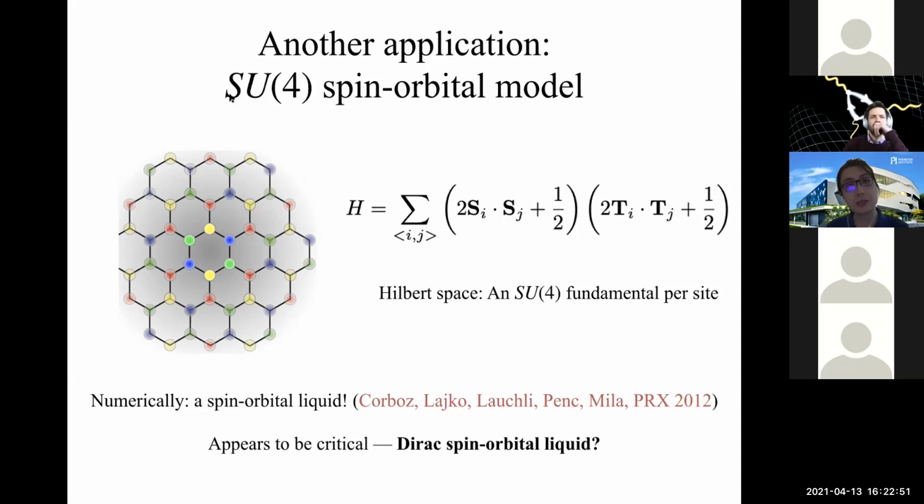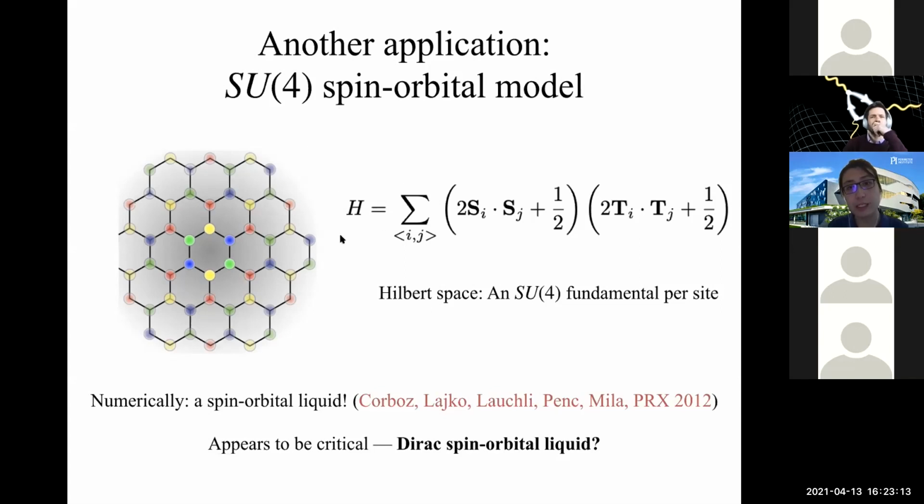SU4 here has some reasonably realistic motivation, because what it describes is that instead of just having a spin degree of freedom, you also have a two-level orbital degree of freedom. Right? Imagine you have some spin-orbital system.